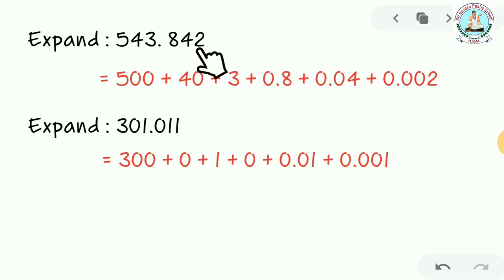The place value of 2 is 0.002 because this 2 is present in the thousandths place, that is 2 divided by 1000. When you simplify that it will be 0.002.